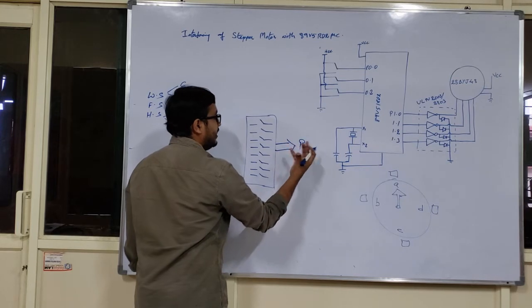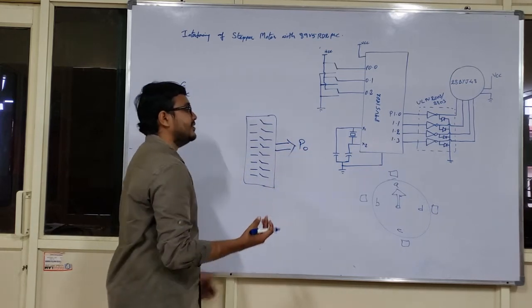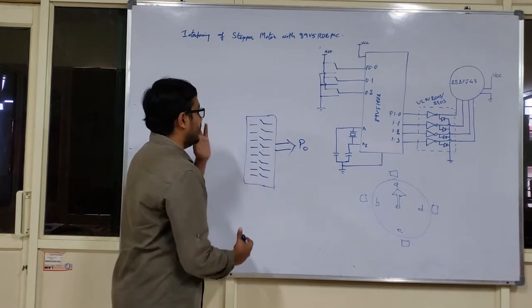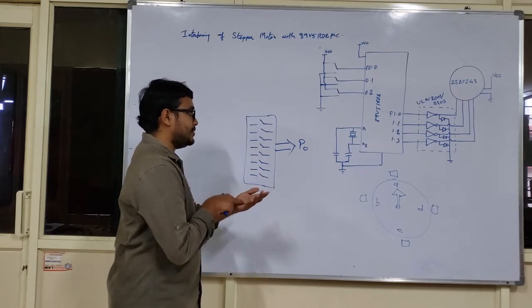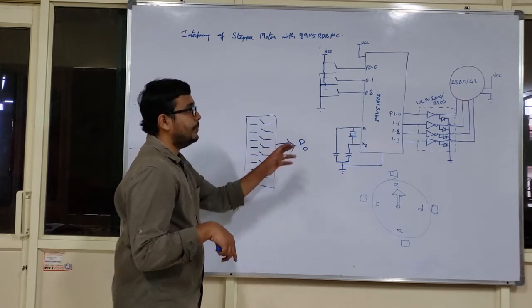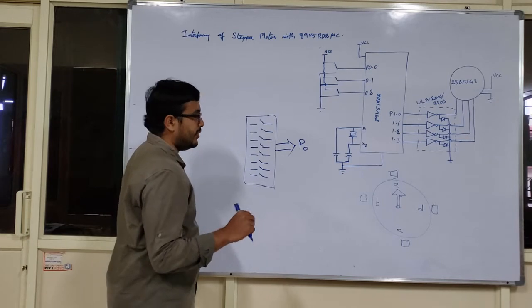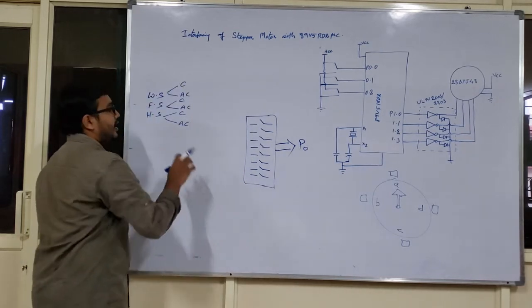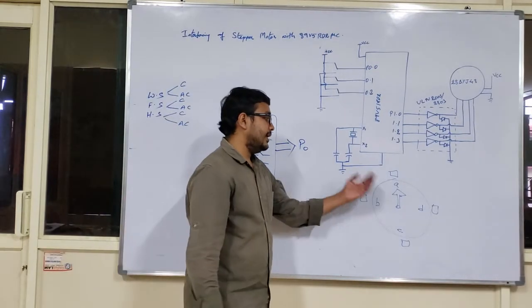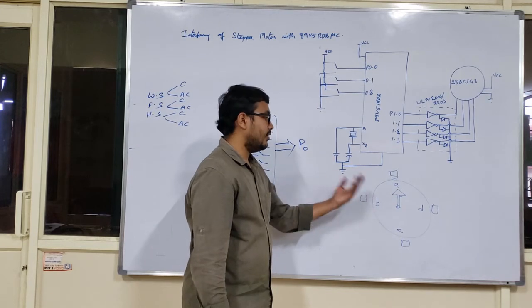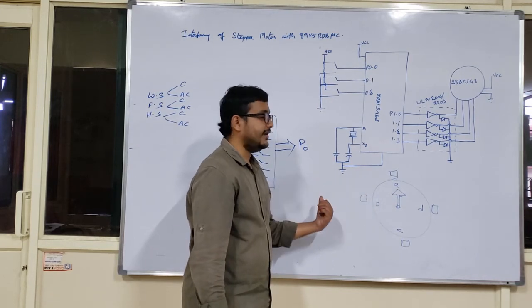P0 is acting as an input port. Whatever the activity I am doing on the dip switch, it is taken by the P0 port of your 8051 microcontroller. So I may make my stepper motor behave in a clockwise movement or in an anti-clockwise movement.